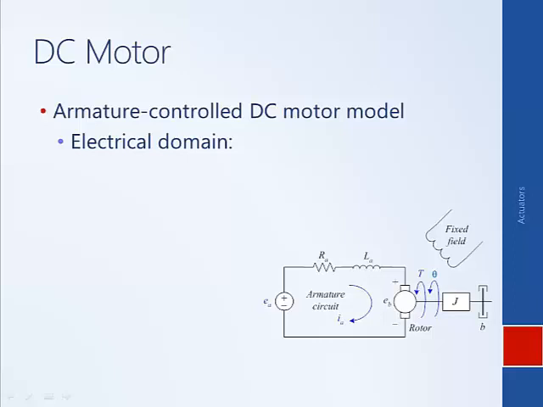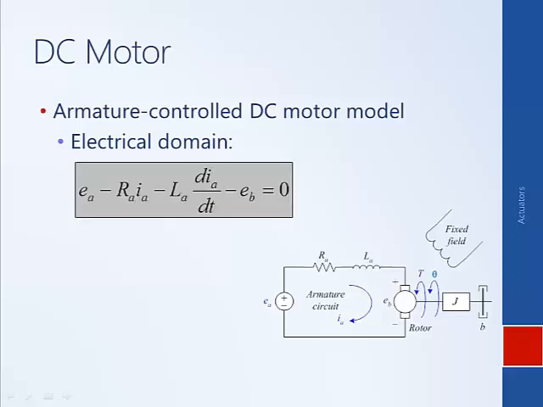We can in essence apply Kirchhoff's voltage law, or Kirchhoff's loop law. And this is the result. Where this came from, if you think back, we start at one point in the circuit. As we go around the circuit, we pass through the voltage source. That causes an increase in the voltage. We have a bump in voltage across that voltage source, E sub A. And then as we go across the resistor, we drop voltage according to Ohm's law, the product of the resistance and the current through the resistor.